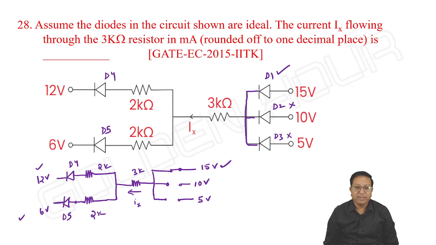Okay. So assume D4 and D5 are on. But D1, it's not an assumption. Definitely it will conduct. D2, D3 do not conduct. So now I am assuming D4 and D5 are on.